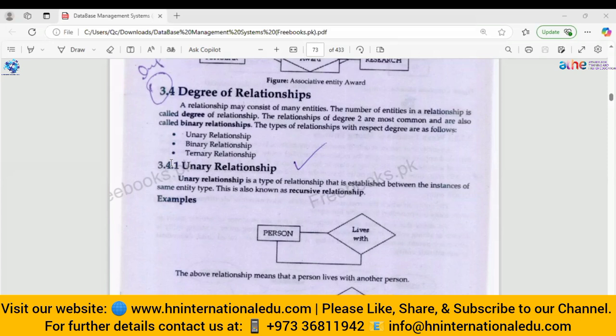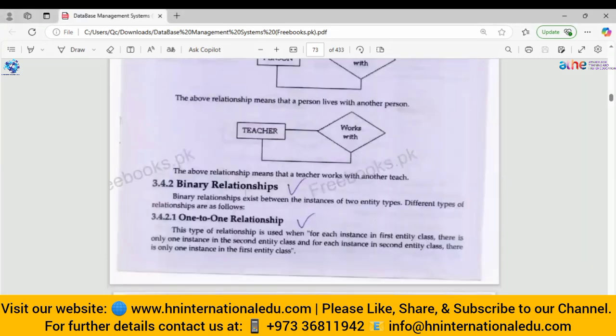So what is a unary relationship? A relationship that is established with the table itself. Like we have a table person, and the table person creates a relationship with the person, like a person lives with another person. Or a teacher works with other teachers in an institute.